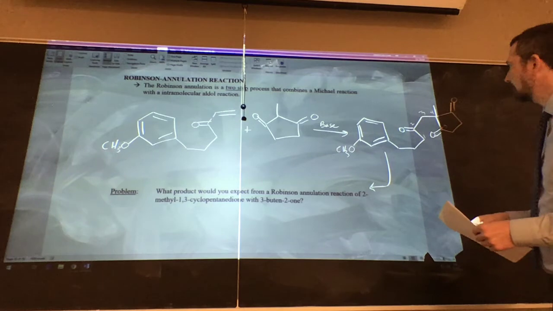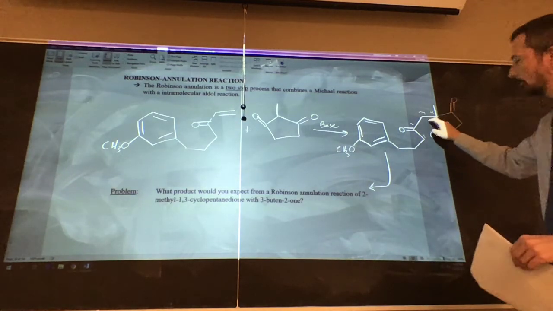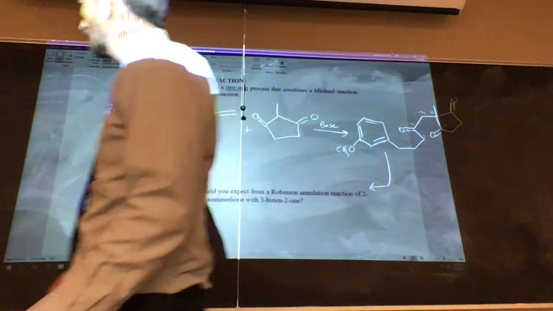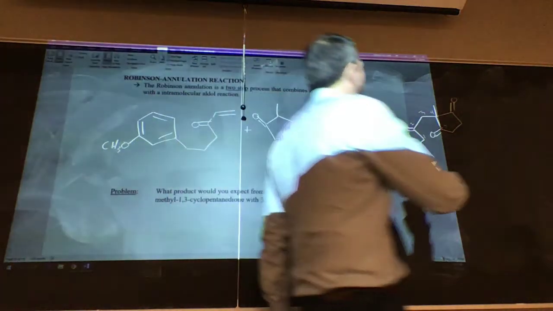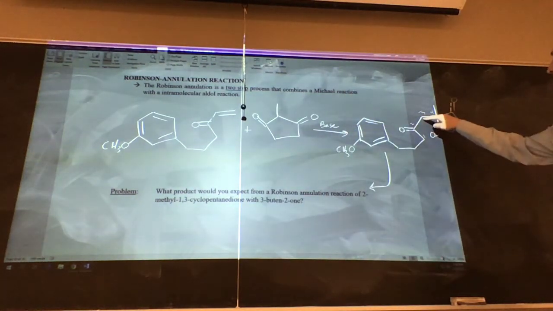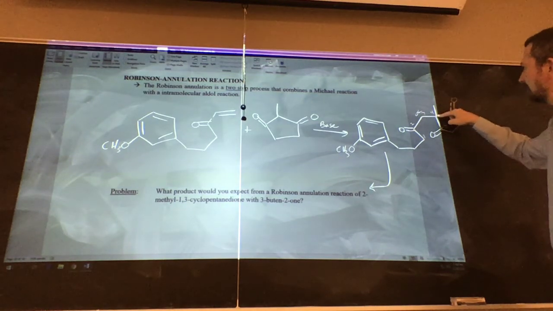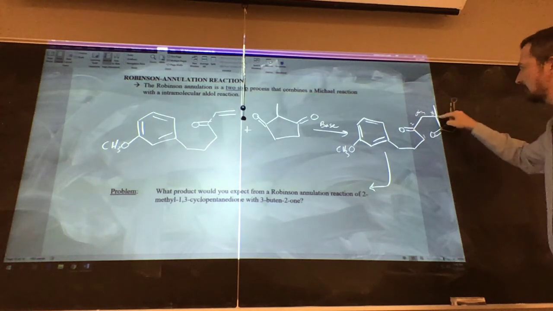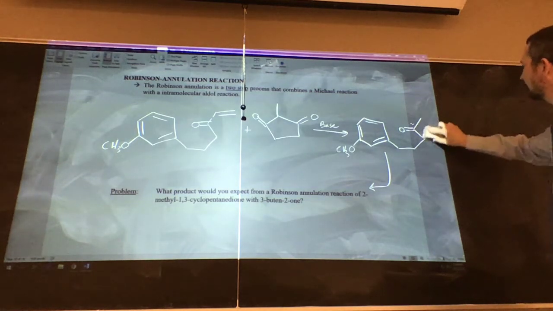I think I left out a carbon somewhere. Okay, right here. So, that was a mistake I made when I attached it here. Here's my alpha position, here's my beta position. So I left off a carbon there.